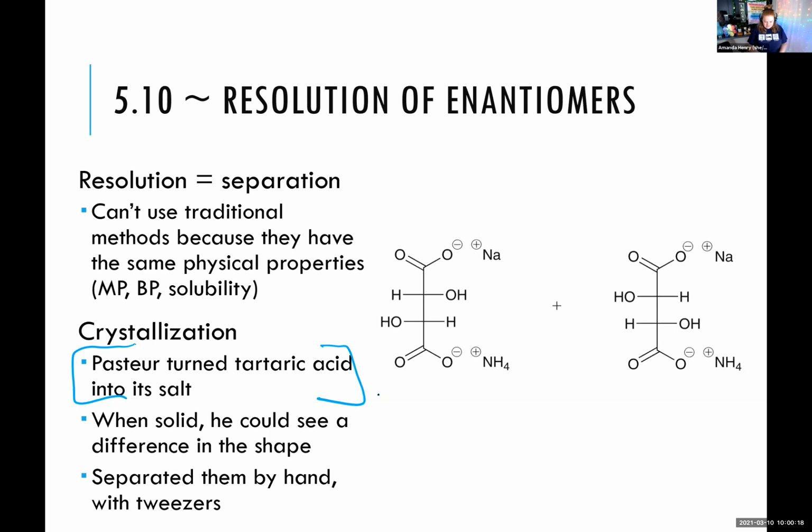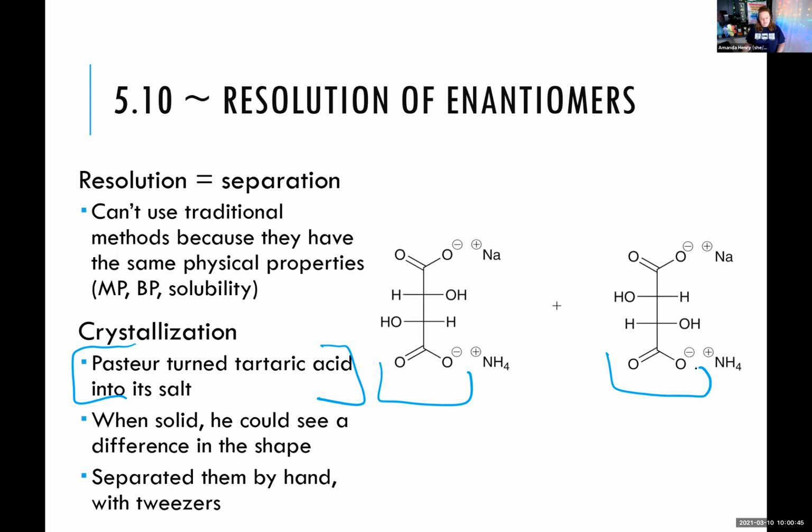So tartaric acid is this compound, but with hydrogens attached to those oxygens. He reacted it with a salt to turn it into the carboxylate version of itself. So the hydrogens have been removed from the carboxylic acids, and in their place are cations, so sodiums and ammoniums.